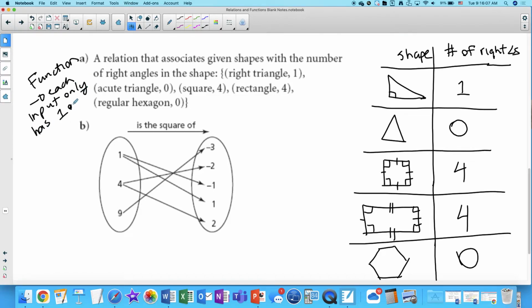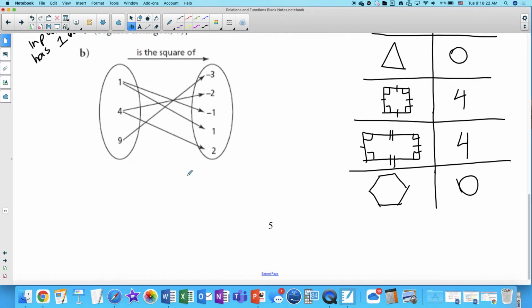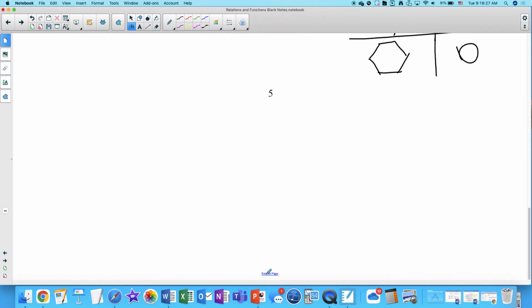Okay? The domain of this function, a domain is a set. And anytime we refer to a set in math, we use a set of curly brackets. Okay? So when we are trying to communicate what the domain is, we use these curly brackets. So what is the domain of this function? It's all the input values.